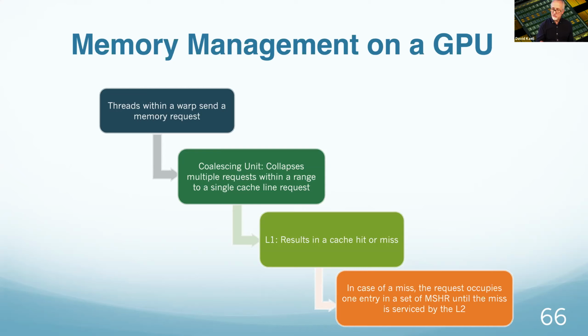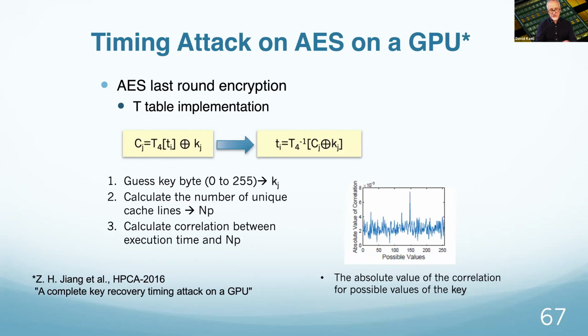In the case of a miss, a request occupies one entry in a set of MSHRs until the miss is serviced by the L2. So on coalescing attacks, we were actually the first to describe a coalescing attack on the coalescing unit on the GPU. That's this paper that appeared in HPCA 2016. We showed how we could recover AES encryption keys.